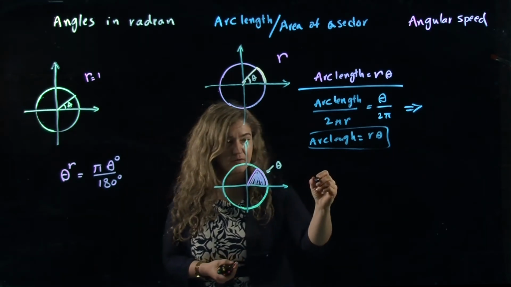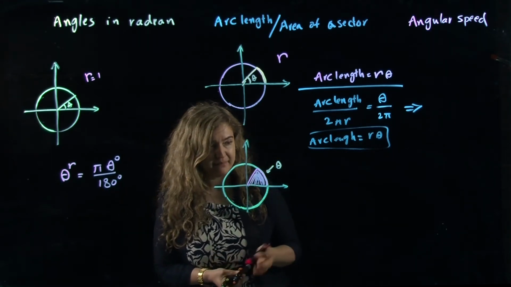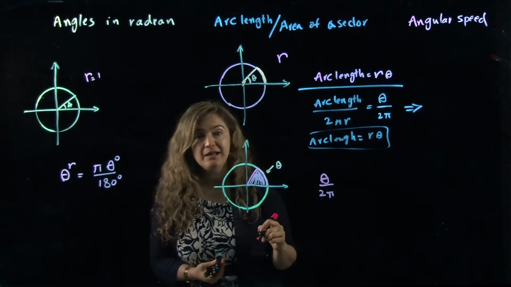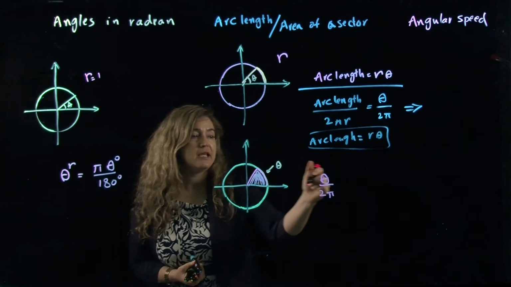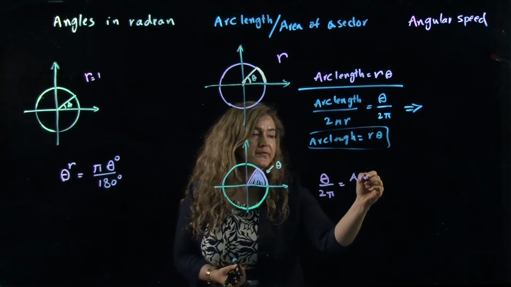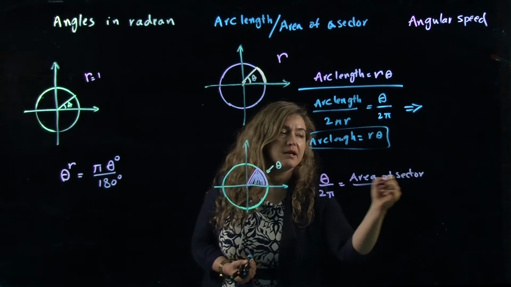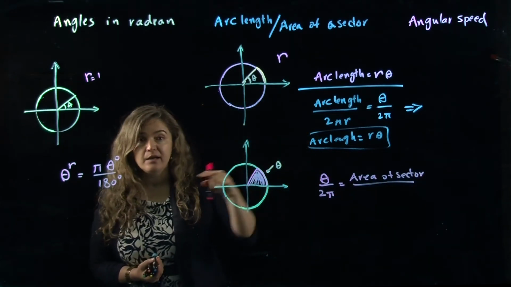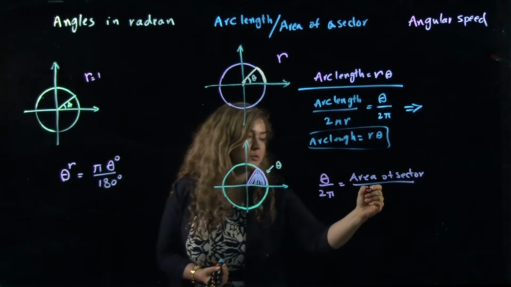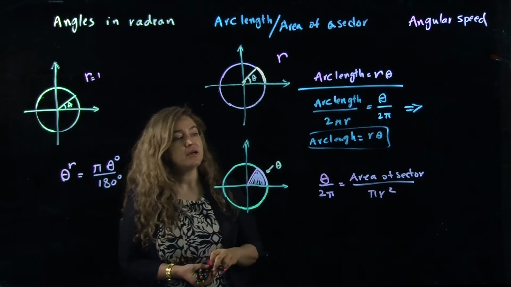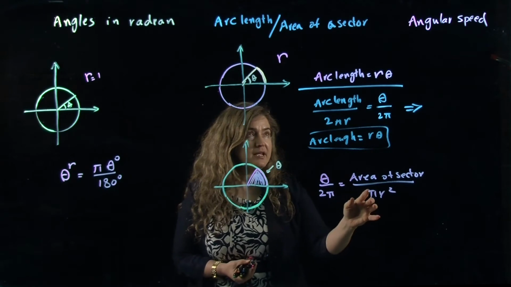So theta over full rotation, and full rotation is 2 pi, should be equal to the area of the sector divided by the area of the entire circle, which is pi r squared. Now we want to simplify everything.